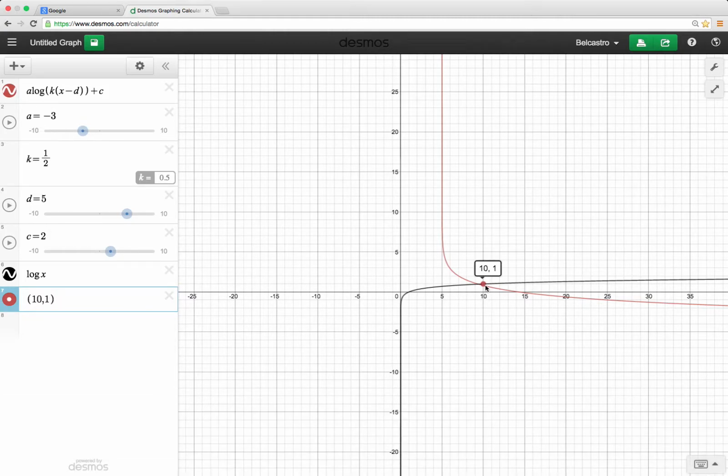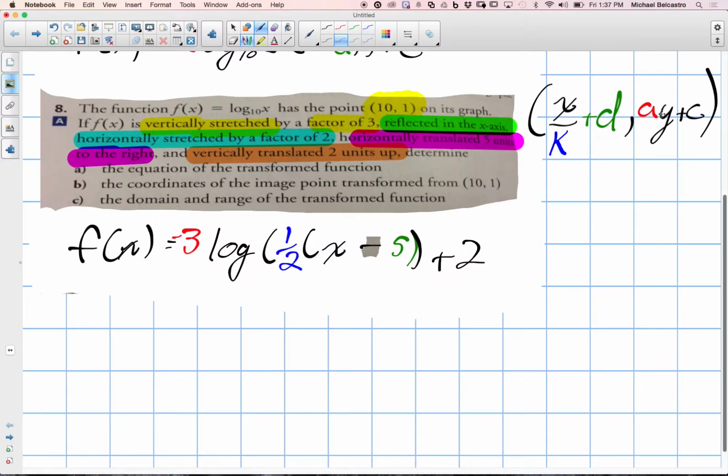Okay. They also want us to talk about where this point would end up after we've translated this function. So we can use our mapping notation to figure out where exactly that point would be. Okay, so we're going to plug it in. Now that we know our k, a values, that means our x value here was originally 10. So we're going to have 10 divided by, and what are we dividing by here? Are we dividing by 1/2 or are we dividing by 2? 2. We're going to divide by 2. Okay, though we wrote it in like a half here, we are dividing by 2 here.